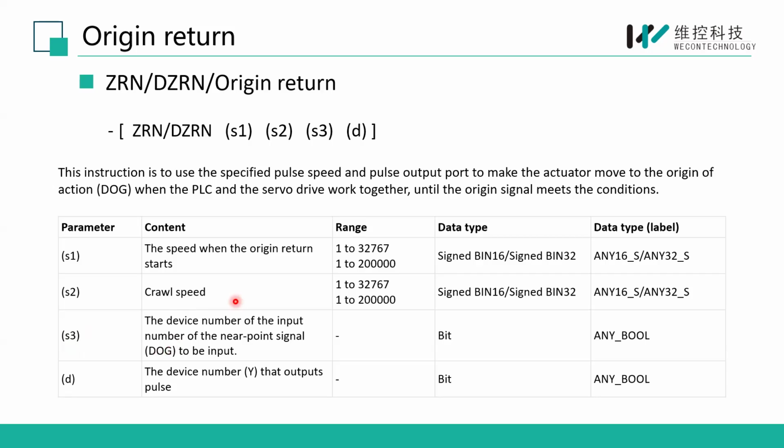In general, we will set the crawling speed to be less than the running speed. S3 is the device number of the input for the near point signal, the dog signal to be input. And finally, the last parameter is D. D means the device number Y that outputs the pulse.